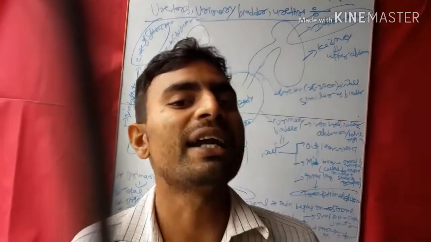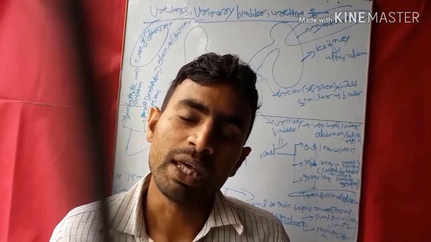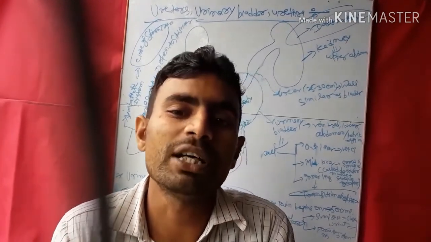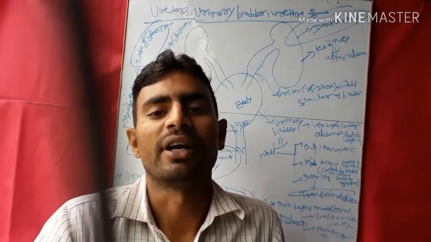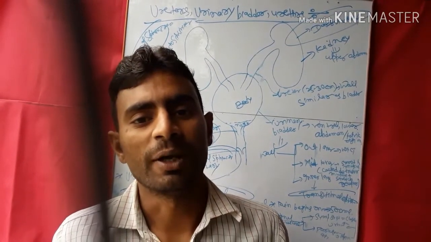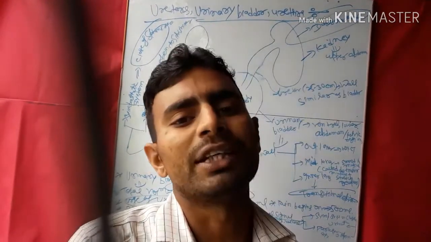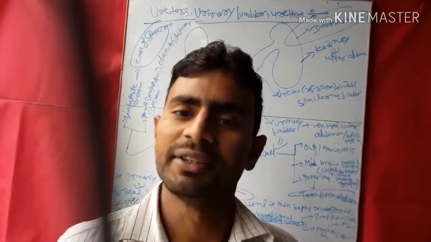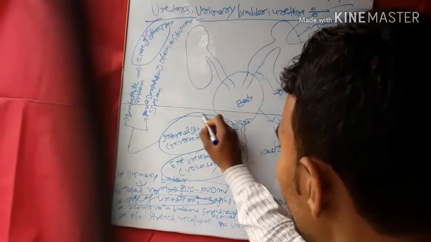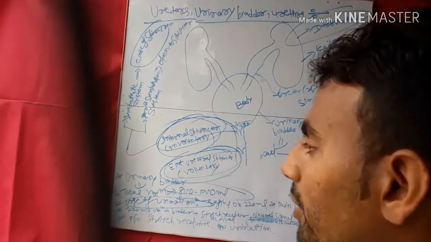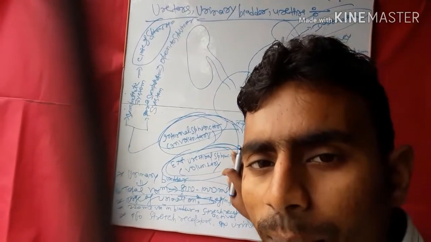If I want, I can open the outer sphincter; if I don't want, I cannot open it. So the inner sphincter is involuntary and the outer sphincter is voluntary. This is under the control of the mind.